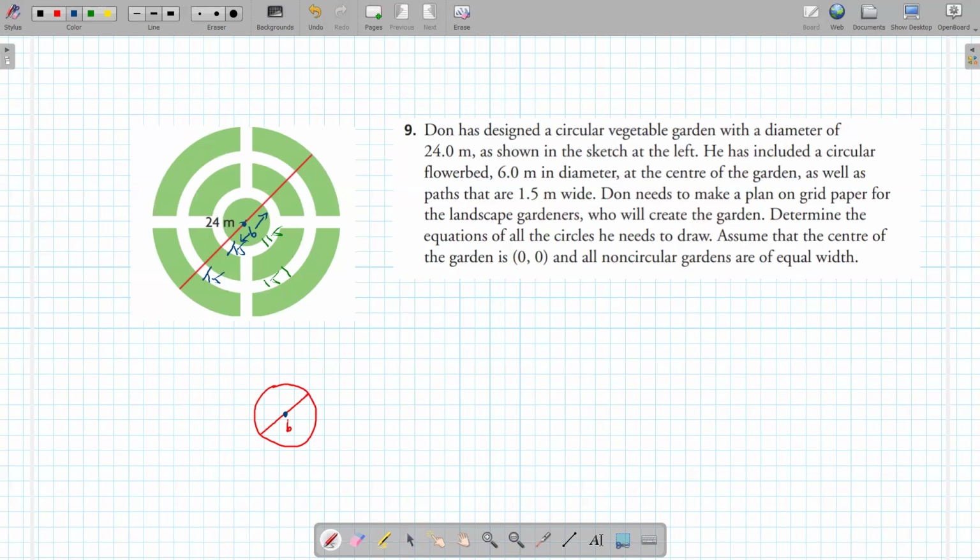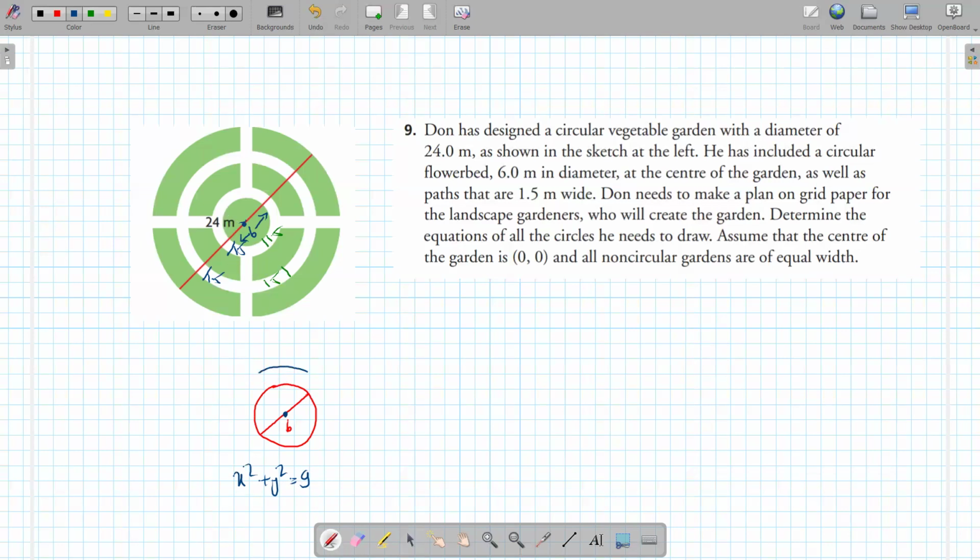If the diameter is 6, what's the radius? 3. So this one, it'll be x squared plus y squared equals 3. Is that correct? No, it should be 9. 3 squared. Remember, it's always r squared. So that's the innermost circle.